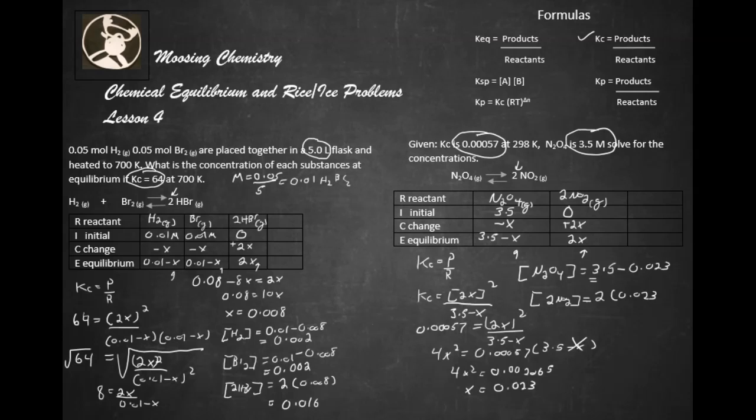So our top value is going to give me 3.477 molarity. And the bottom value is going to give me 0.046 molarity. And that's it for this lesson.